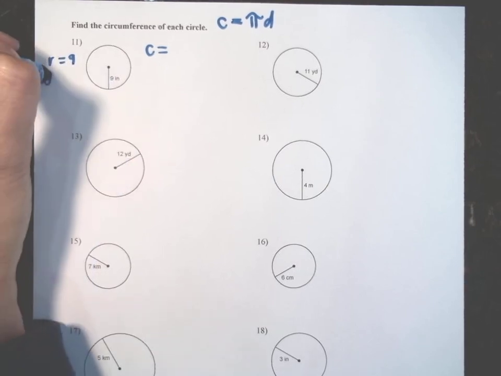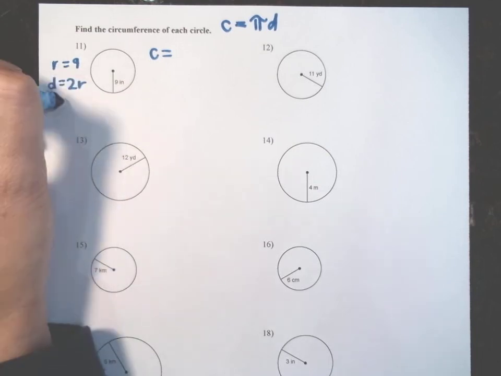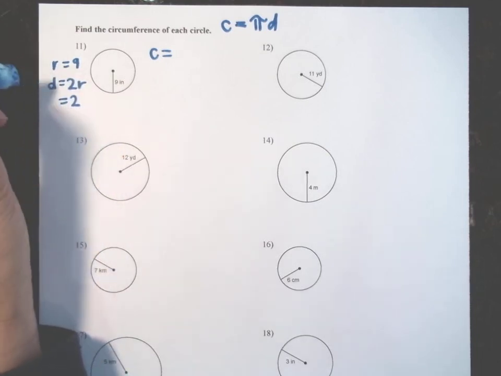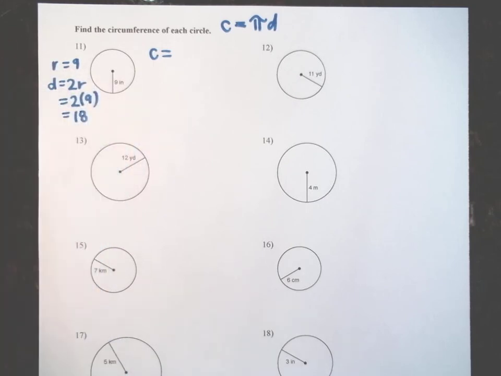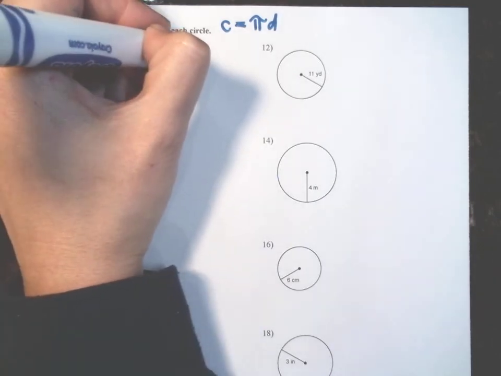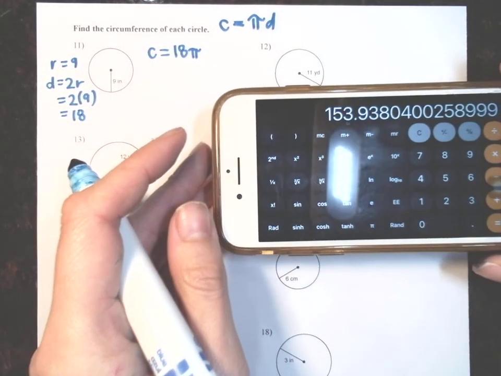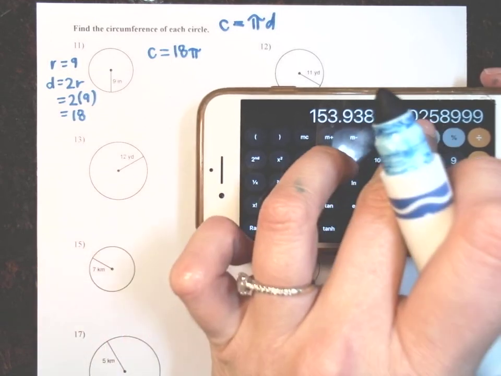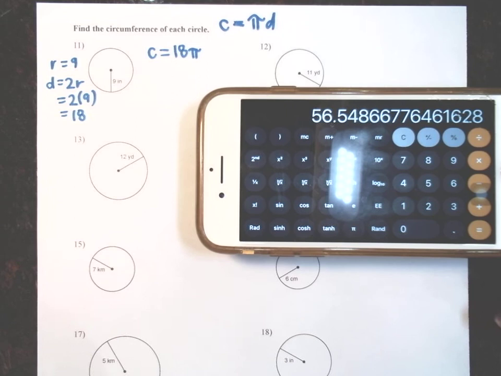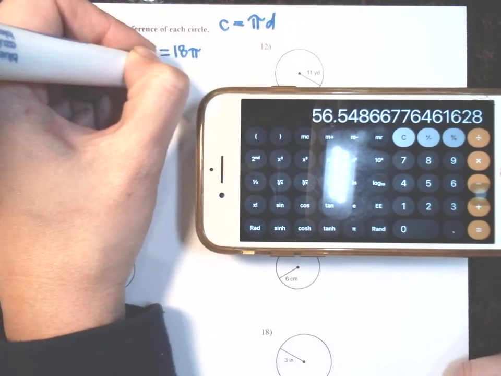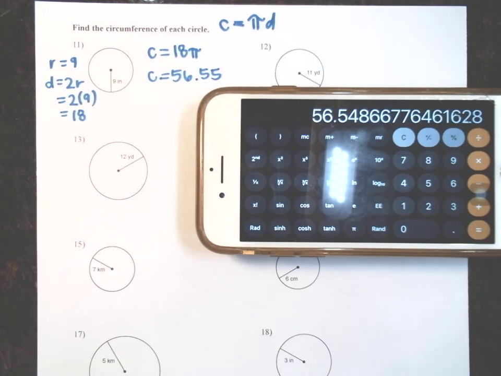So we need to find the diameter equals 2 times the radius, according to our notes. So we have to multiply 2 times our radius, which is 9. So the diameter is 18 times pi. So we take 18 and we multiply that by pi. And our circumference is 56.55. So round to 2 decimal places.